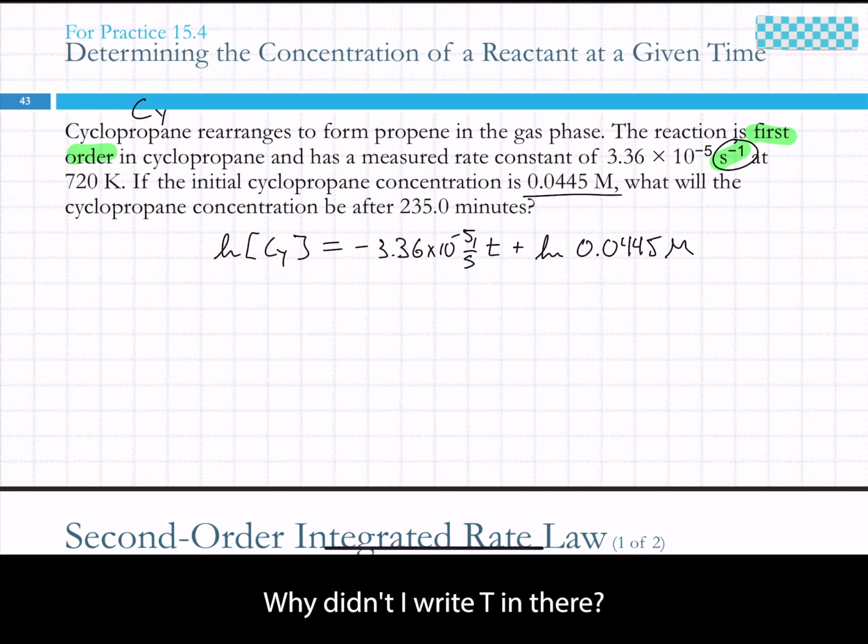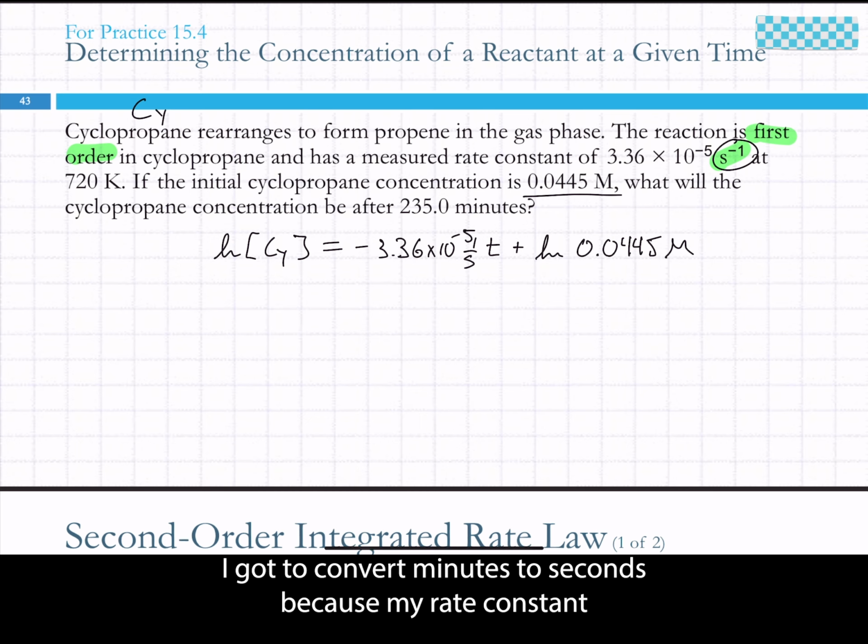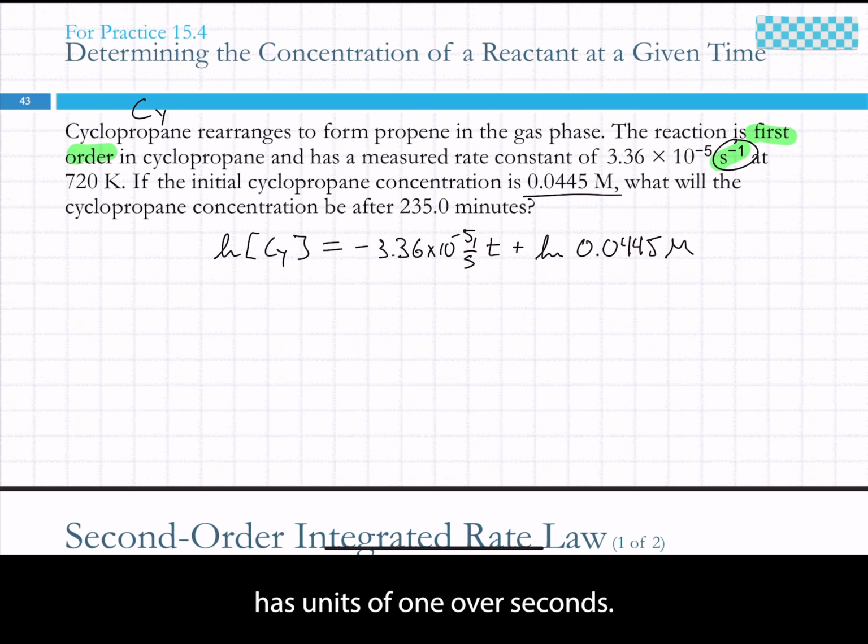Why didn't I write t in there? Got to convert minutes to seconds, because my rate constant has units of 1 over seconds. So 235 times 60. So it's going to be 14,100.